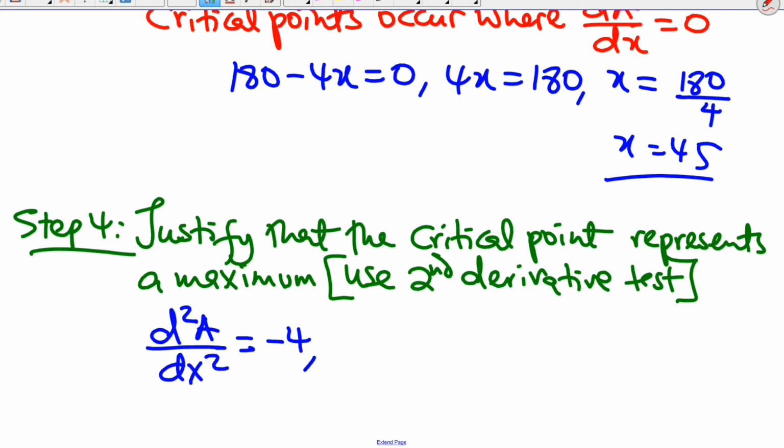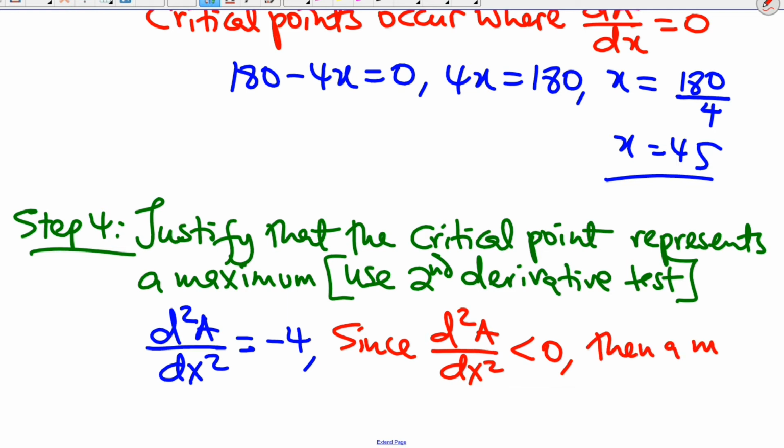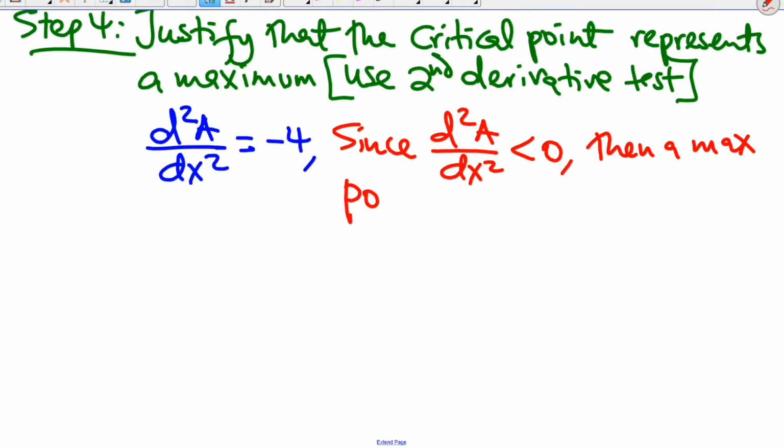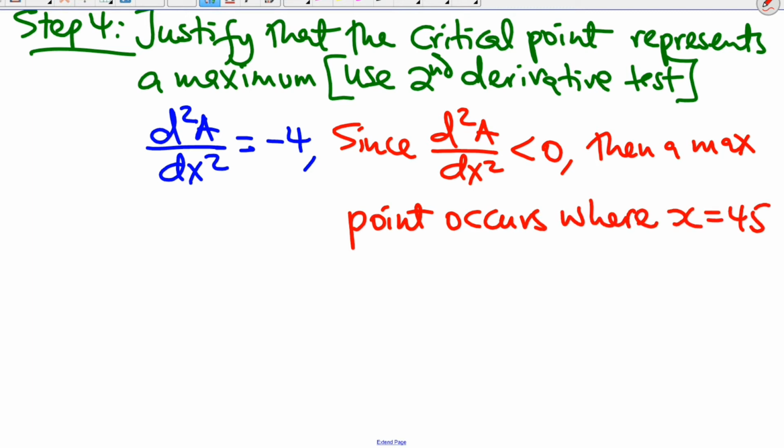So since the second derivative is less than 0, we can say a maximum point occurs where x is equal to 45.